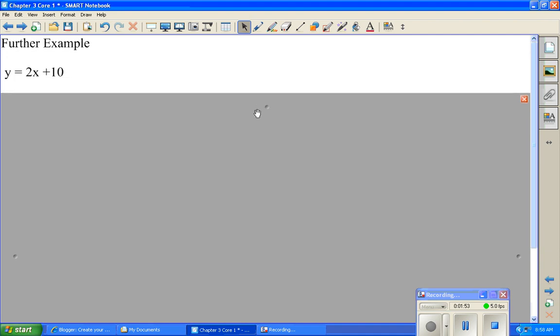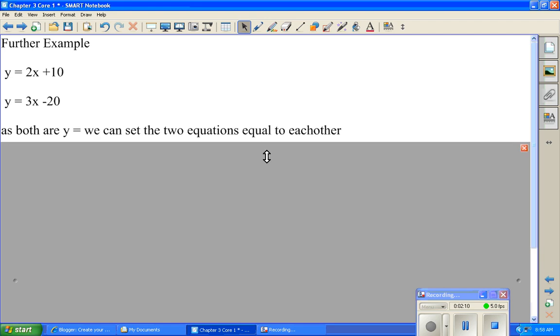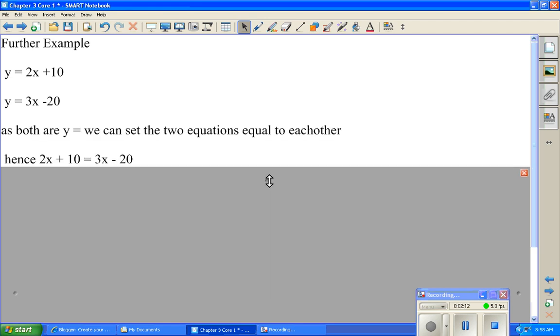As an extra example, we may get it into this form, where both are actually solved or put into the form of y equals. Well, the idea here is that if y equals 2x plus 10 and y equals 3x minus 20, then 2x plus 10 must equal 3x take 20. So I can put it into that form straight away. Then I need to solve.